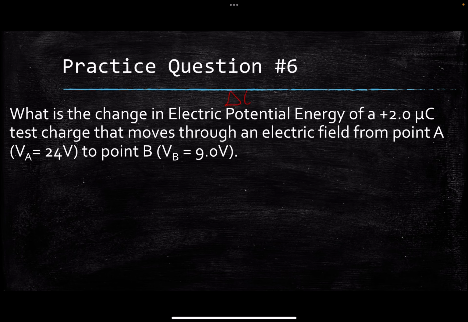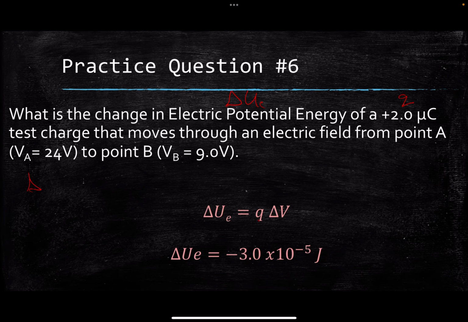Okay, so we're looking at delta U of a test charge, that is Q, that moves through an electric field from point A to point B. So in this case, we are going to look at that change in electric potential times our charge in order to get the change of an electric potential energy. We just plug those numbers in.